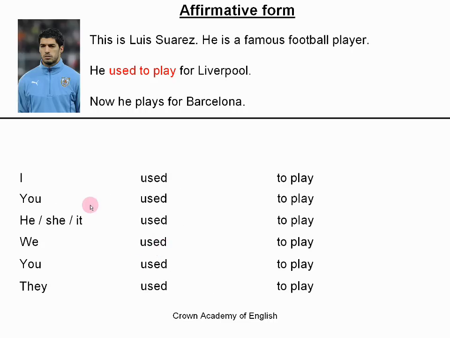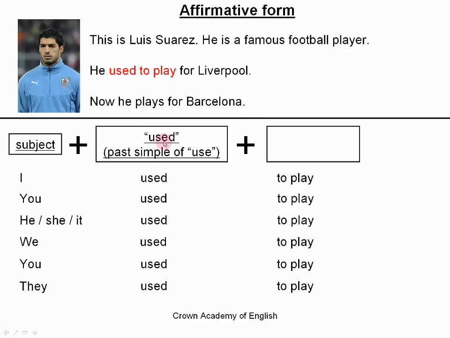So here we can see the detail of the structure. We have the subject. Then we have the word used, which we pronounce used. And this is the past simple of the verb use.